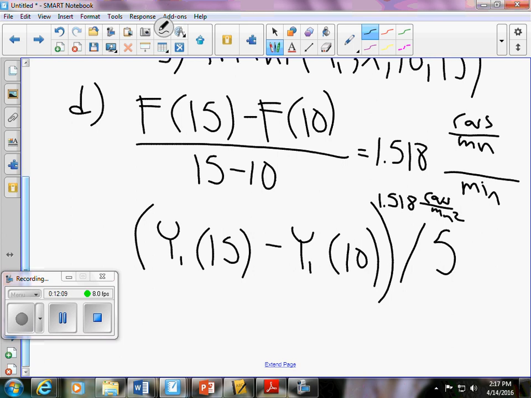Hey, they like cars and traffic, I guess. At an intersection in Thomasville, Oregon, cars turn left at the rate of L of t, in cars per hour, from time 0 to 18. So this is 2006, and it's a calculator problem. So they give you the rate at which cars are turning left.